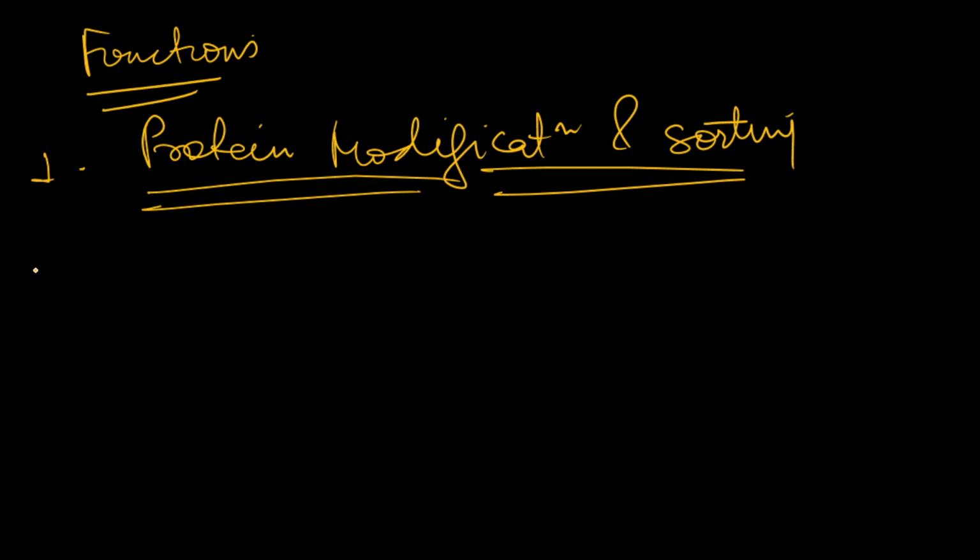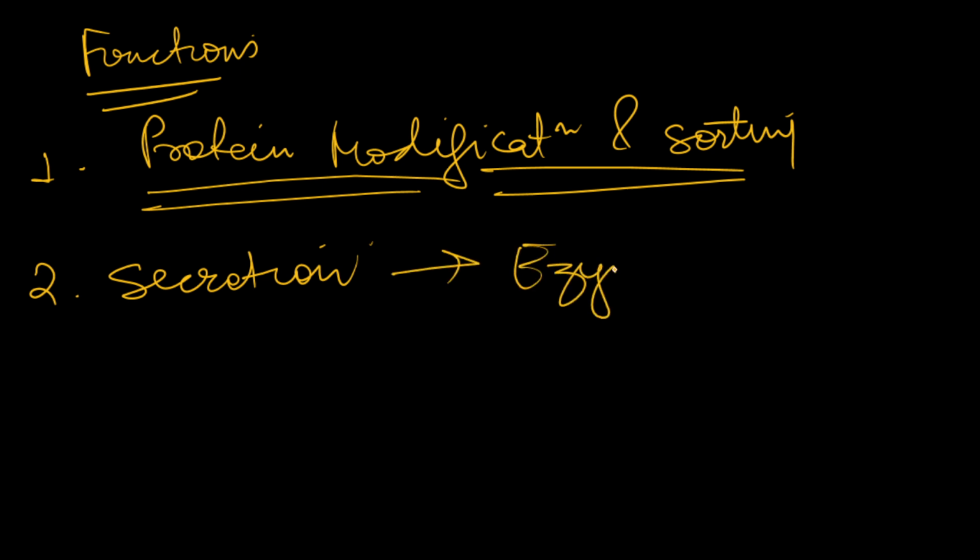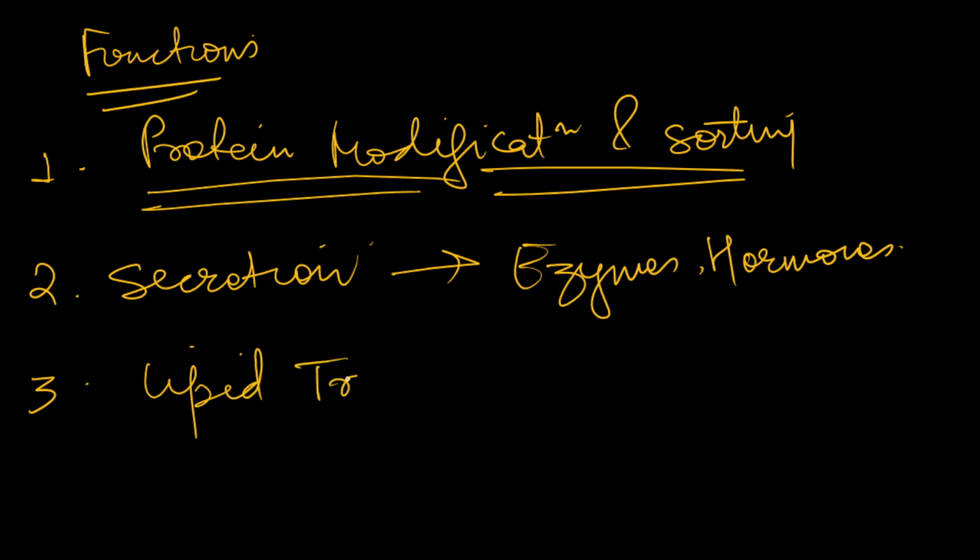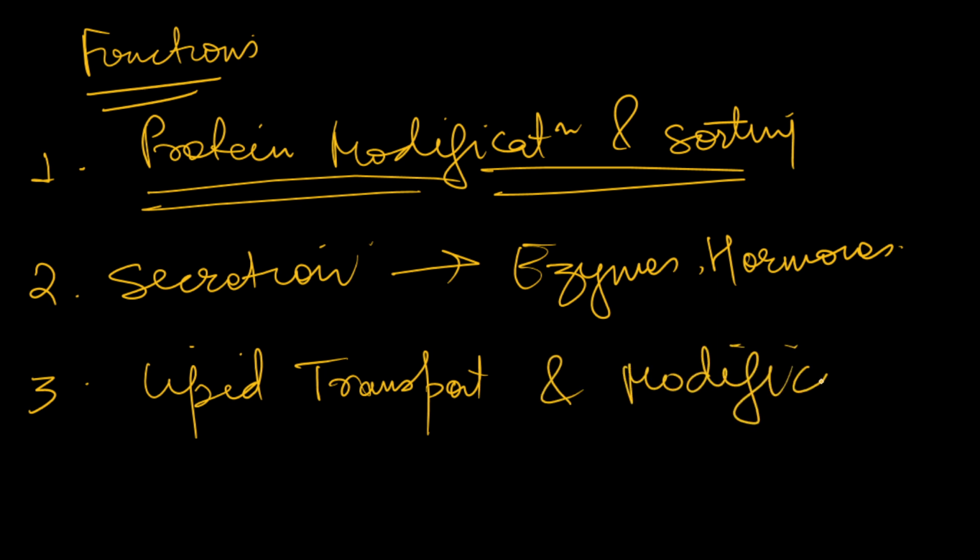Secondly, it also has a function in secretion. It plays a key role in secretion of enzymes, hormones, and other substances via vesicles. You can mention enzymes, hormones, etc. It also has functions in lipid transport and modification.